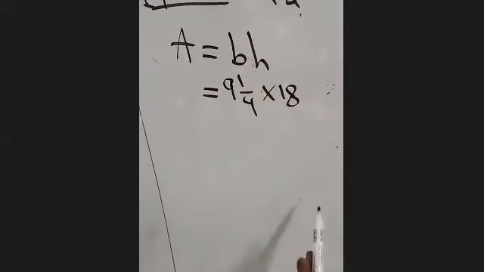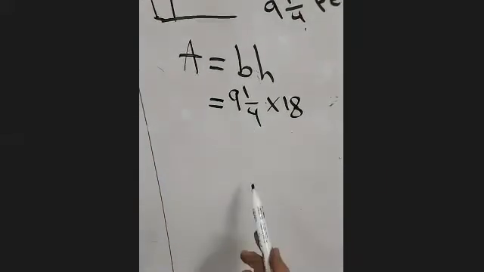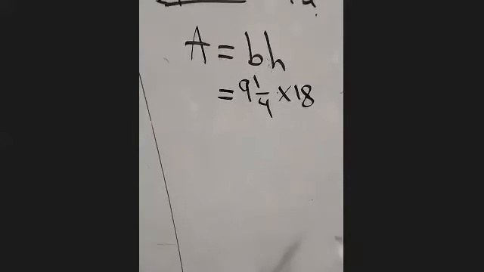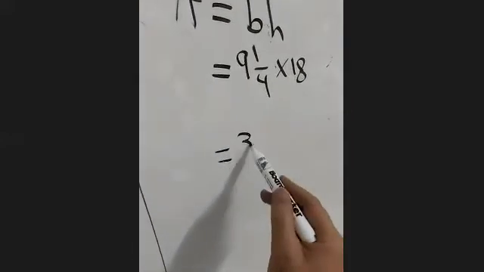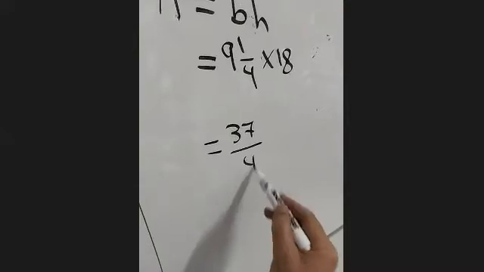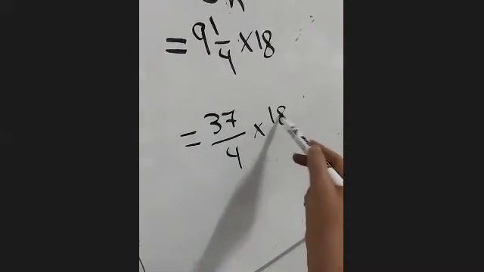Now we calculate normally. We have a mixed number, turn it to a fraction. This is over 1. So 4 times 9 is 36, plus 1, 37. 37 over 4. And the 18 will be 18 over 1.